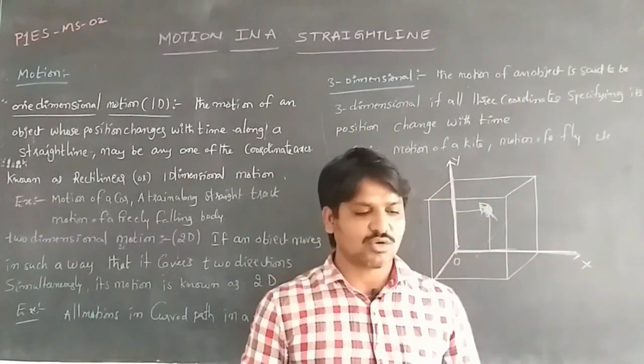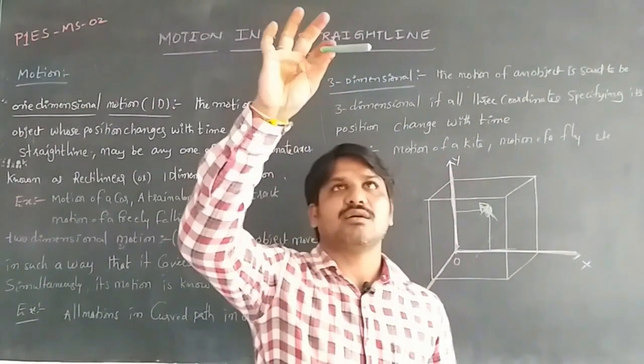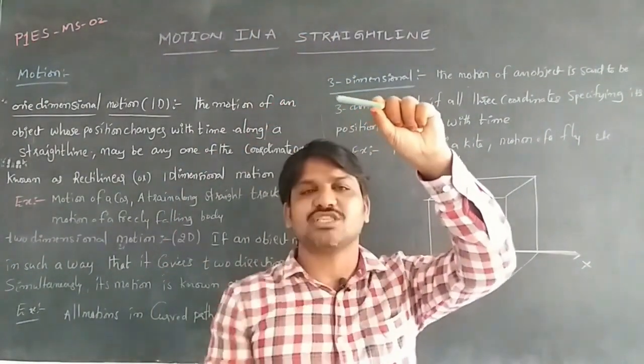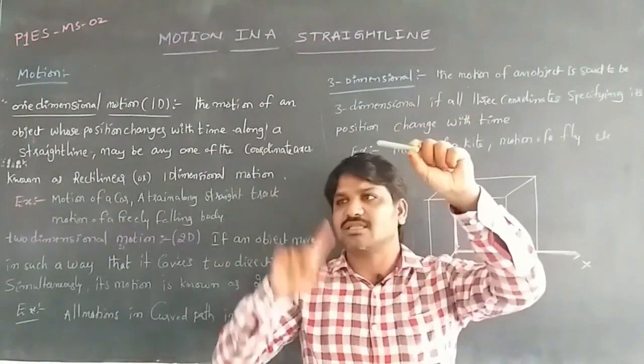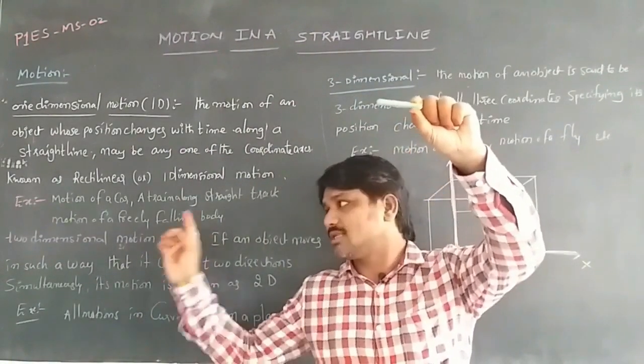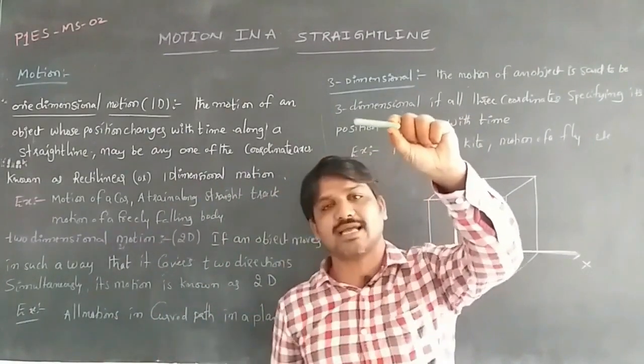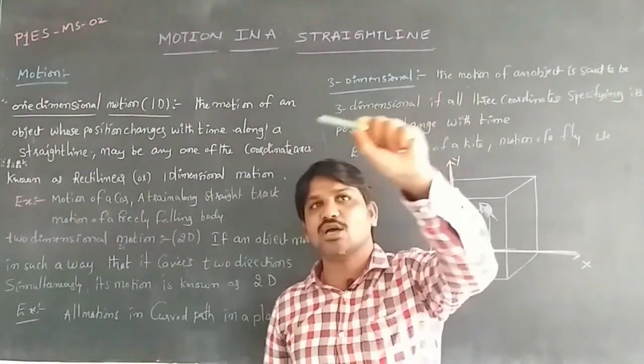If we stand in the room, this is a piece of chalk. To specify the position of the chalk, we should consider three coordinates: here is the x-axis, y-axis, and z-axis. According to the x-axis, y-axis and z-axis, we can specify the position of the object.